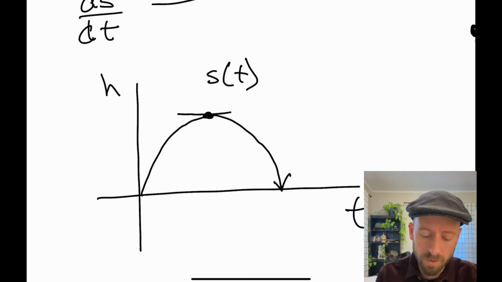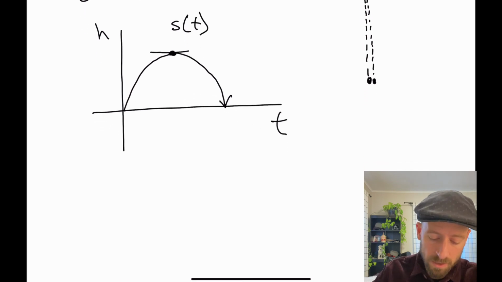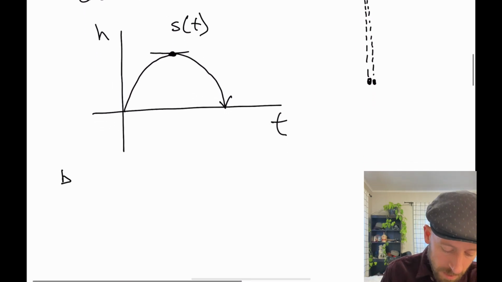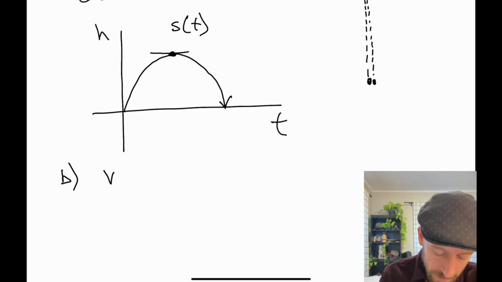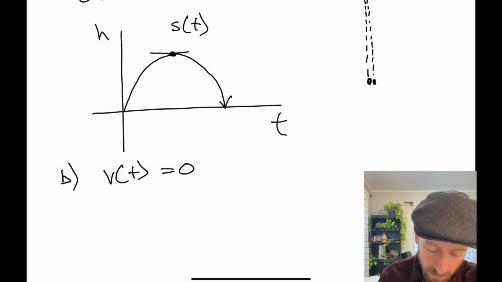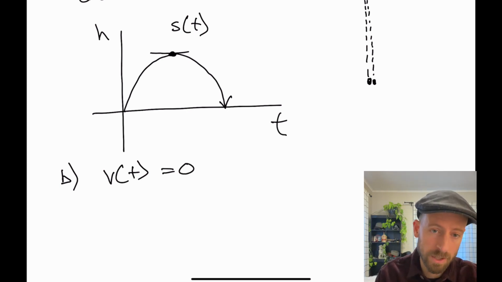The velocity would be the derivative of that, the change in height versus change in time, because that's change in position really. So for B, the maximum, when will it get to its maximum height? We want to figure out when the velocity is 0. So v of t, when is that 0? Because that represents a horizontal tangent line, right? And that would match up there.